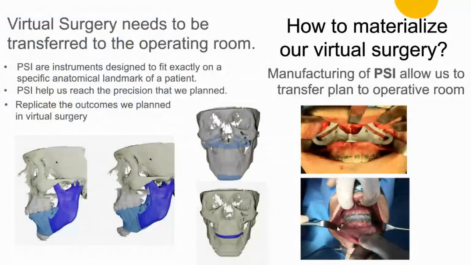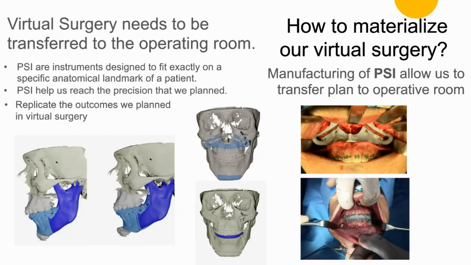Now, patient-specific instruments. How do we materialize our virtual surgery? How do we transfer our plan from the virtual space in the computer to the actual OR? And the answer is through patient-specific instruments, which I'm going to refer to as PSI throughout the talk. PSI allow us to transfer our plan from the digital space in the computer to the operating room.